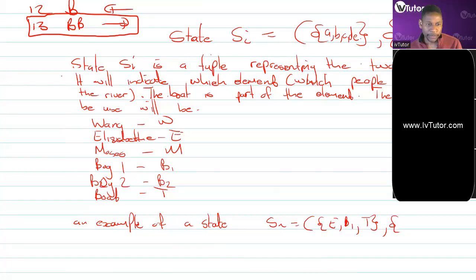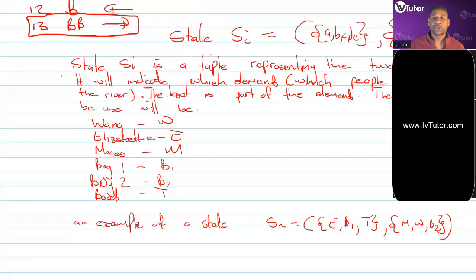So we're going to have here M and 1 and B2 this side, like that. Do you have to write down every single possible state as the answer? No. You are giving an example, you are giving a mathematical representation.